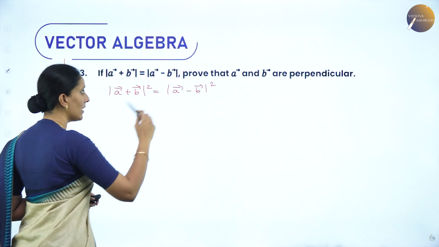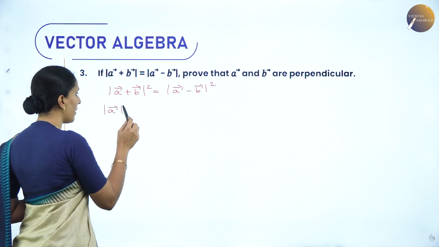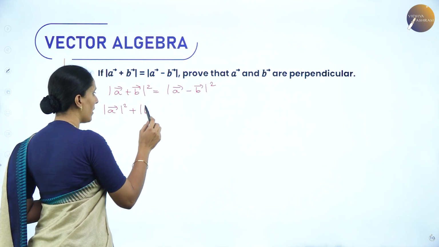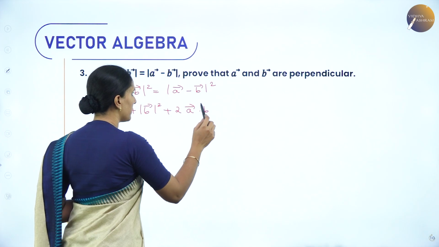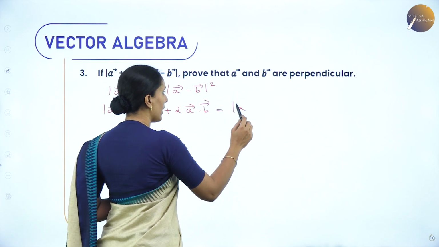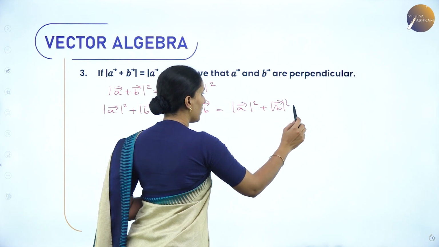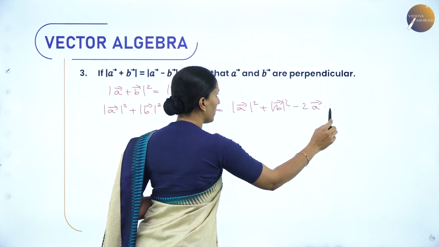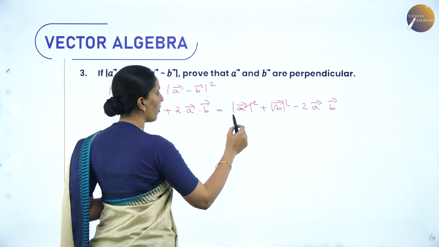If I apply the standard identities, then here it is A square plus B square plus 2A dot B. Similarly here, A square plus B square minus 2A dot B. We can cancel A square and B square on both sides.